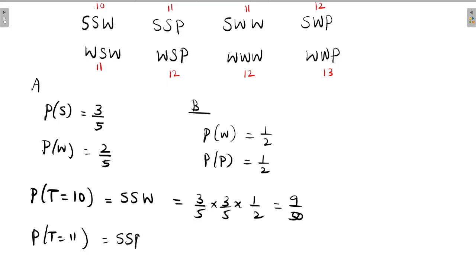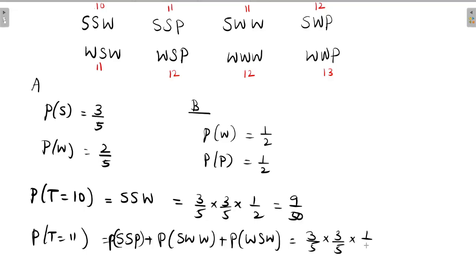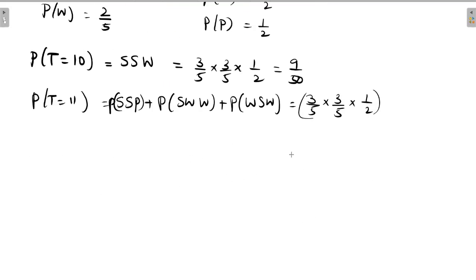SSP plus SWW plus WSW. So the probability is SSP, which is 3 by 5 times 3 by 5 times 1 by 2, plus 3 by 5 times 2 by 5 times 1 by 2, plus 2 by 5 times 3 by 5 times 1 by 2.